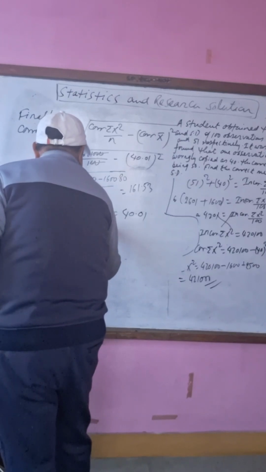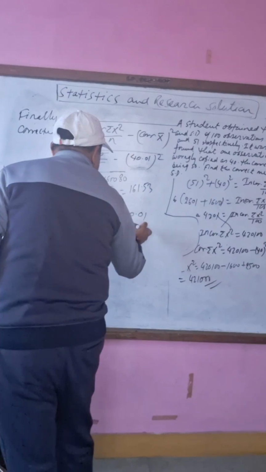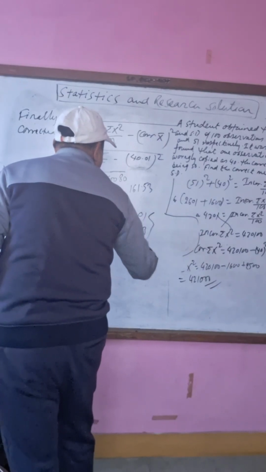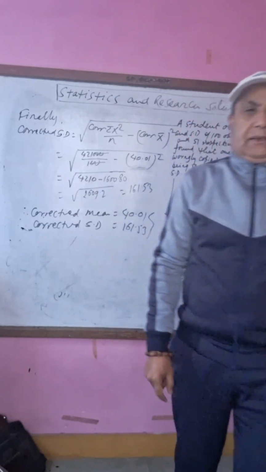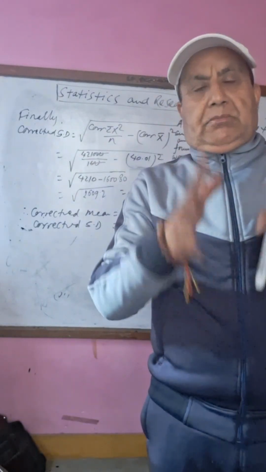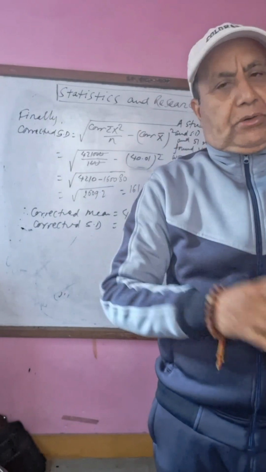Corrected standard deviation is equal to 161.53. Finished. So in this way we can make a correction over mean and standard deviation values. Okay, that's all for today. Thank you.